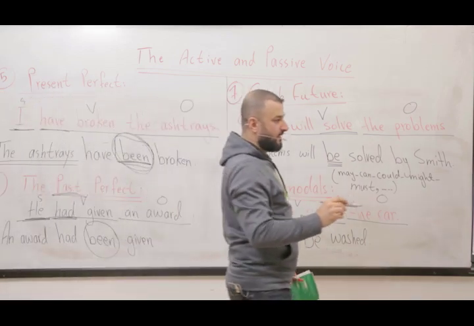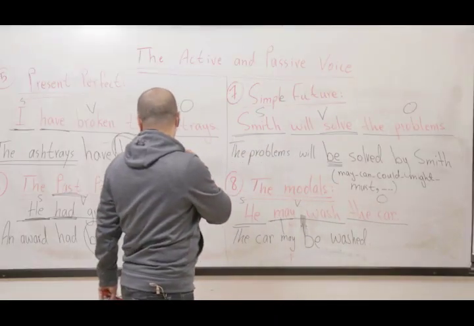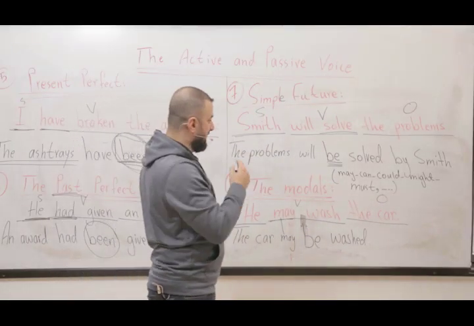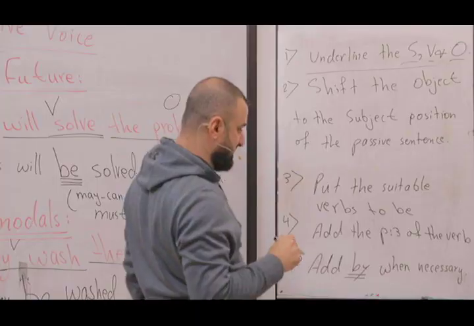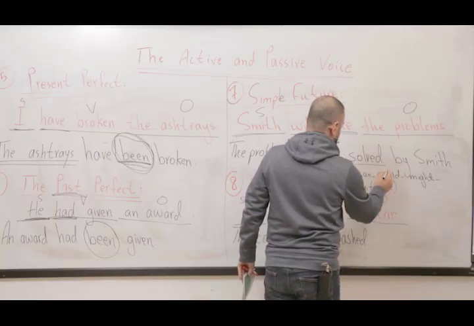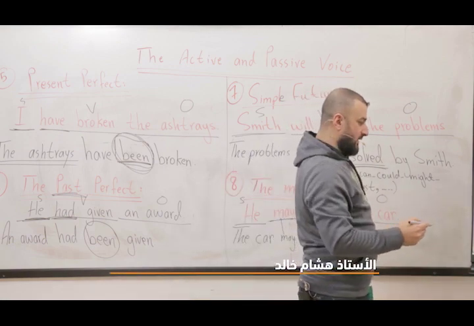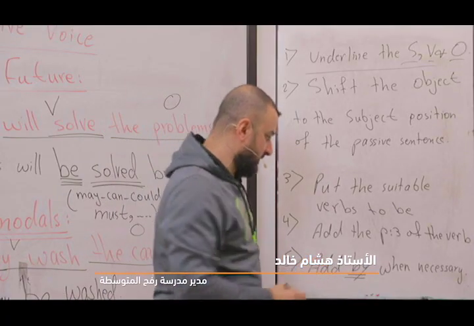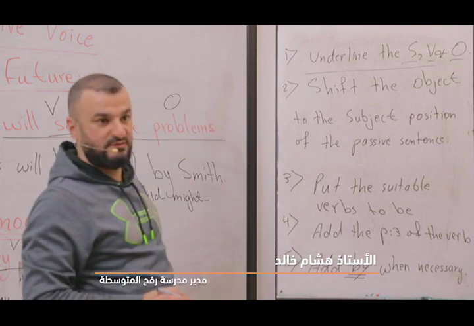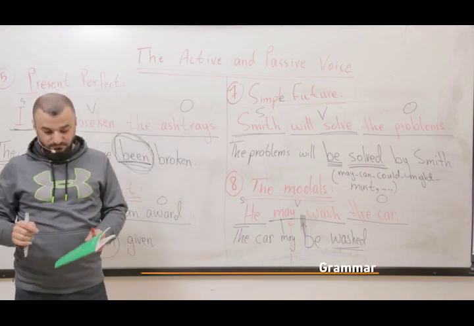Number 3, put the suitable verb to be: am, is, are, was, were in the simple and past sentences. Number 4, add part 3 of the verb, like this, washed. And number 5, add by when necessary. These are the rules for the active and passive voice.